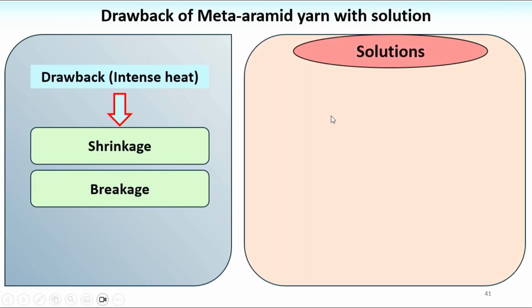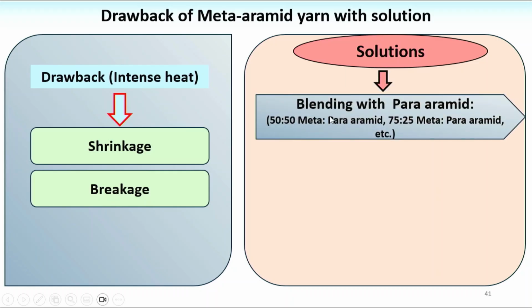The solution here is that we can blend it with para-aramid fiber. So, 50-50 meta and para-aramid or 75-25 meta to para-aramid we can use to reduce the shrinkage. Para-aramid shrinkage is less than meta-aramid. So, it reduces the shrinkage, and also para-aramid is stronger than meta-aramid.